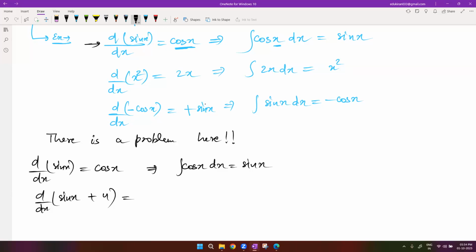If I had subtracted 10, that would also not change the answer. Correct? So rather than sin x plus 4, I can use any constant here. I could have added something, I could have subtracted something, and the answer would have been cos x only.